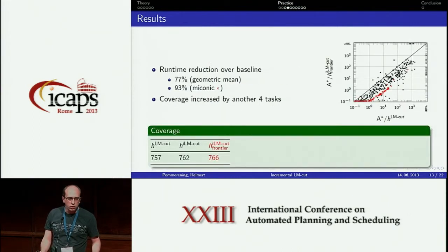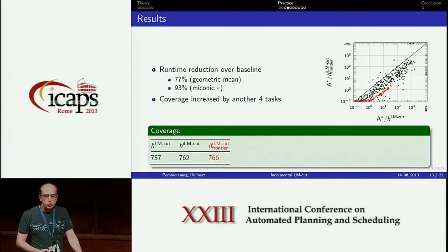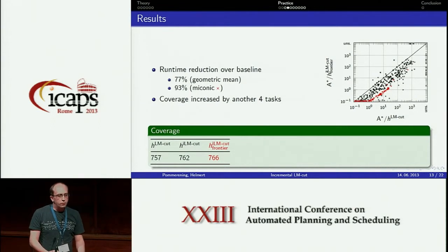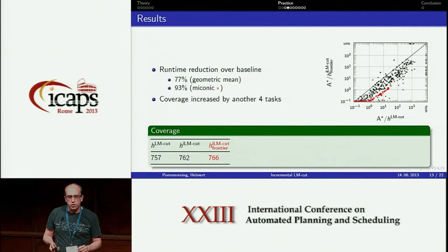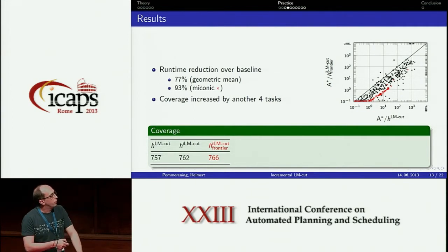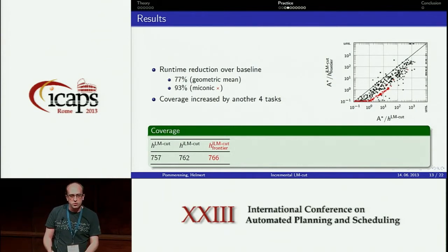If we look at the results, these are scatter plots of the search time. So you have LM_cut at the bottom here, and the incremental LM_cut on the y-axis. And each dot represents the search time needed for each of the algorithms. So a dot in this lower part actually means that the incremental solving was faster.